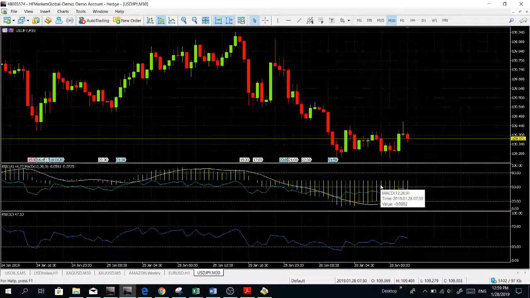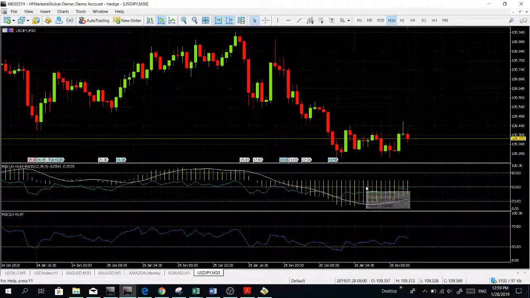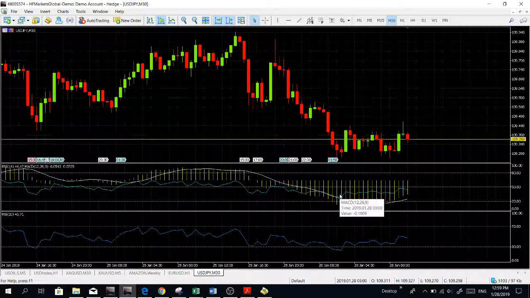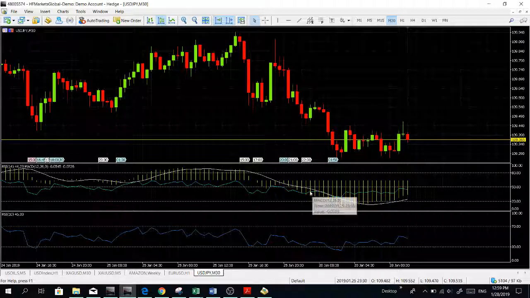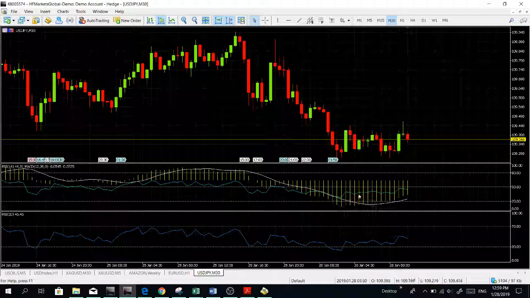Then we will have another indicator. We have a special video for the MACD in our list, but when you mix the MACD with the RSI, it can give you a better signal.